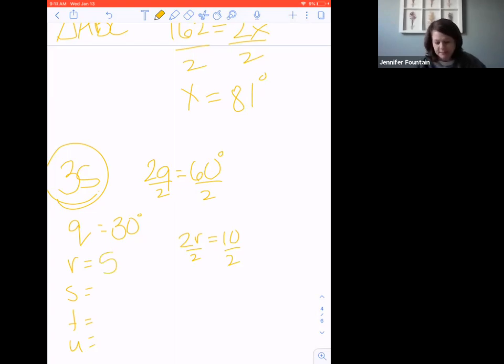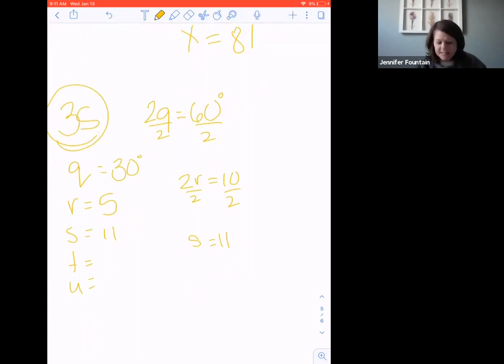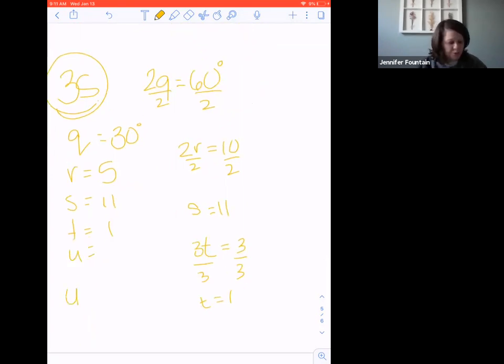Side S is equal to the side that measures 11. So S is 11. T, my side that has 3T, is equal to the side that is equal to 3. Divide by 3, so T equals 1. And then U, my side that has U, I've got 2U equals 4.